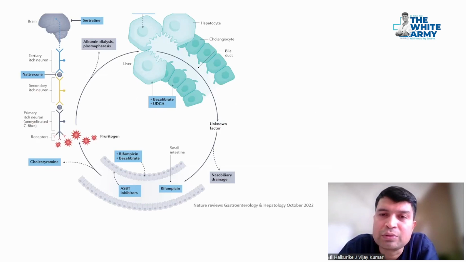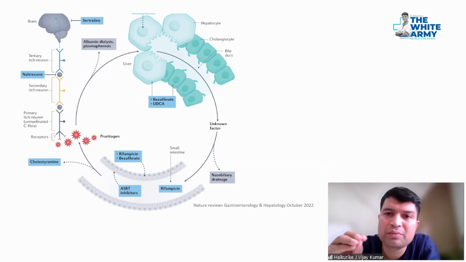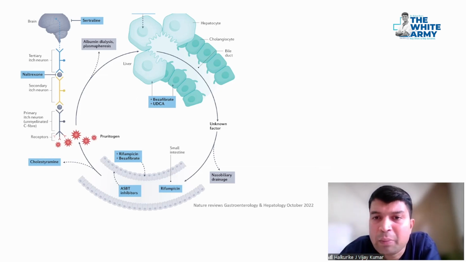This is just to show that pruritus is not a simple deposition of bile salts under the skin which irritates the skin nerve. Previously, when we were doing our undergraduation, it was taught that it is just the bile salts which get deposited under the skin, irritate the nerve endings and cause pruritus. There are other intricate mechanisms which cause this pruritus, at the primary neuronal level, the secondary neuron, even at the brain level. Why is this important?